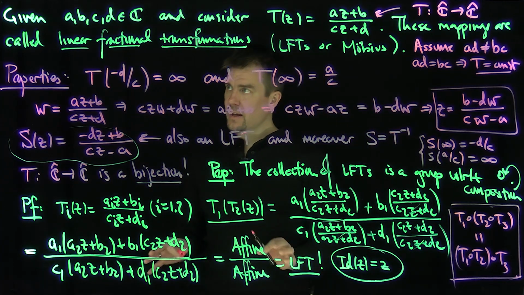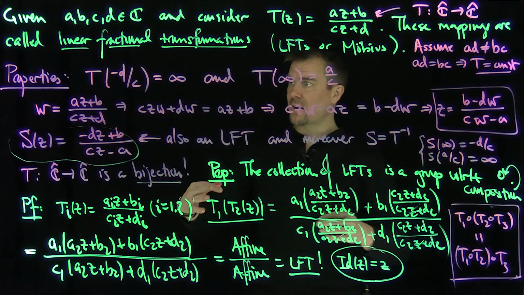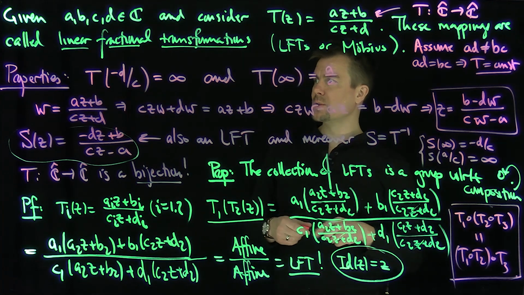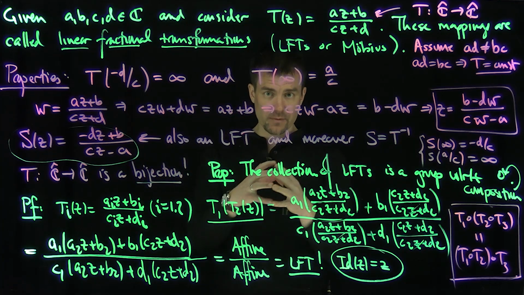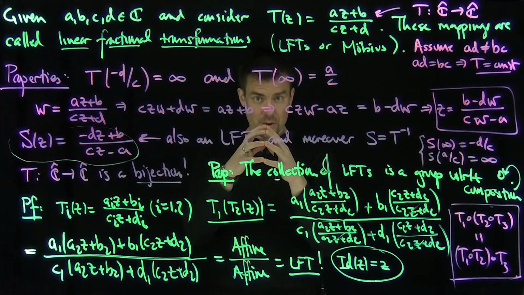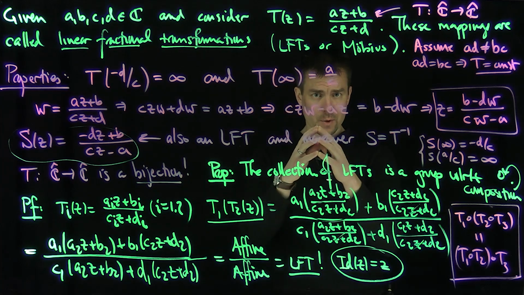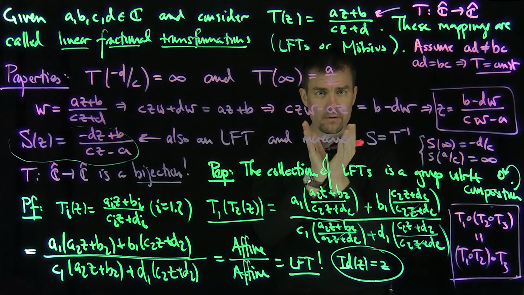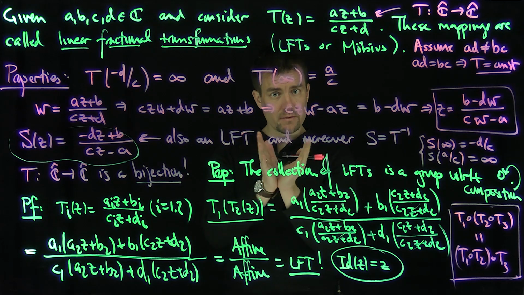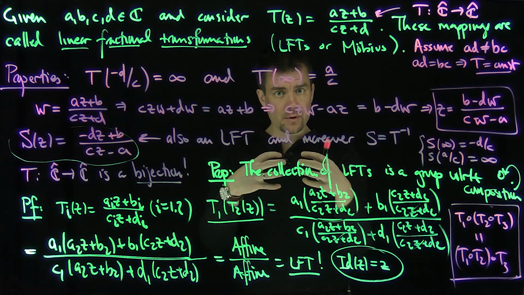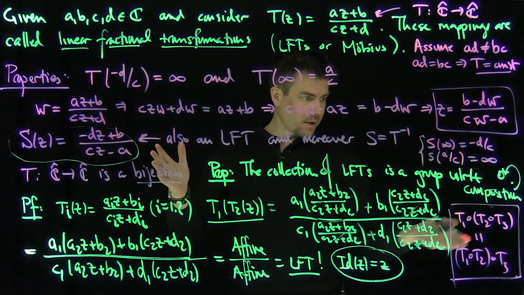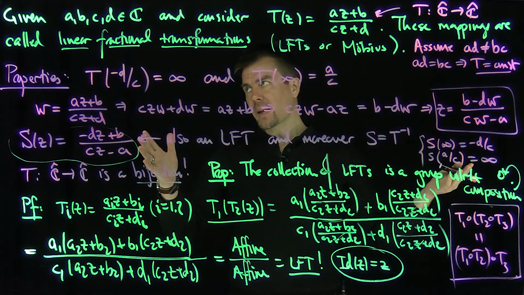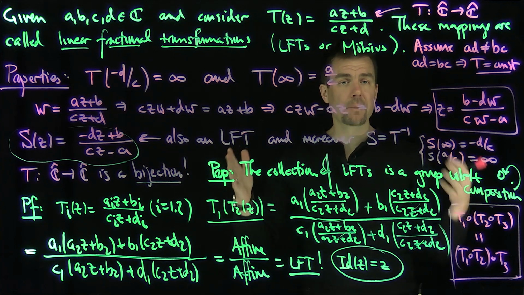What we're going to do in the next video is examine further properties of LFTs. What we've shown so far is that these LFTs are a bijection from the Riemann sphere to the Riemann sphere, and they form a group with respect to composition. Now we can follow two branches. We can follow the question of interpolation, how we can use LFTs to interpolate any three points on the Riemann sphere. Or we can ask whether we can identify this group structure with a commonly known group.